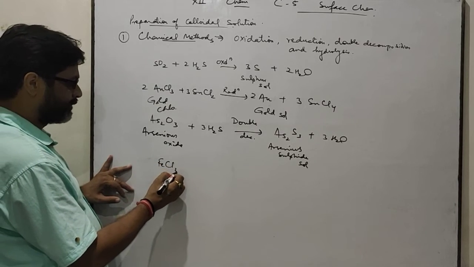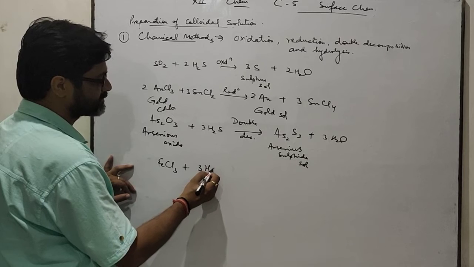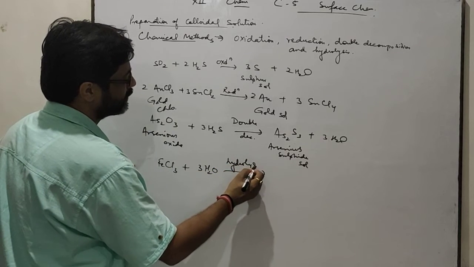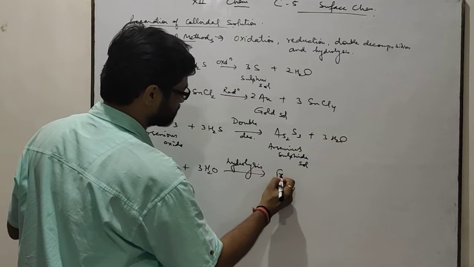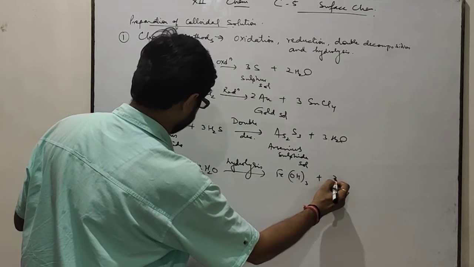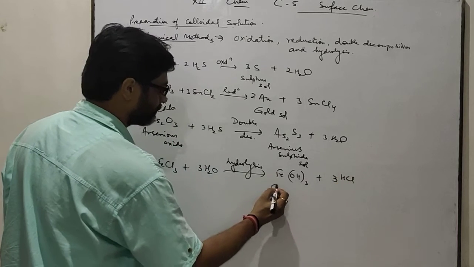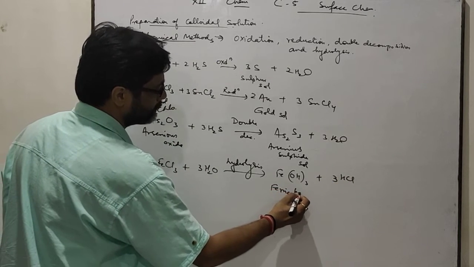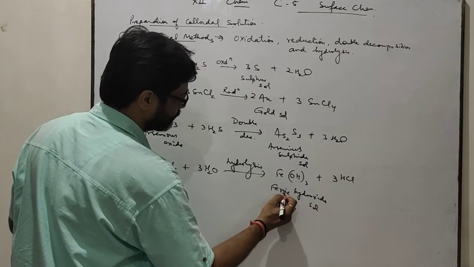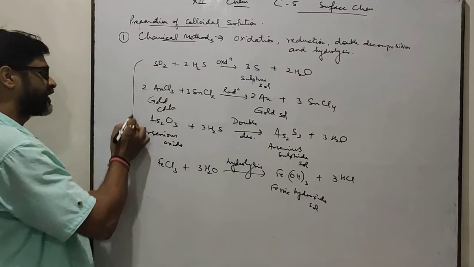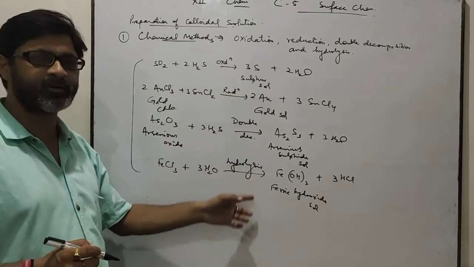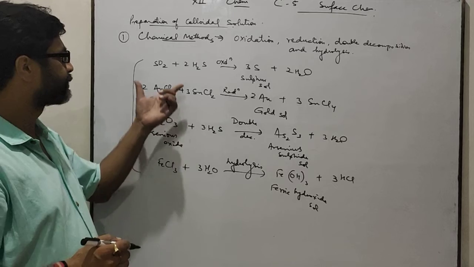Ferric chloride on hydrolysis forms ferric hydroxide sol. These are various chemical methods used for the preparation of colloidal solutions.